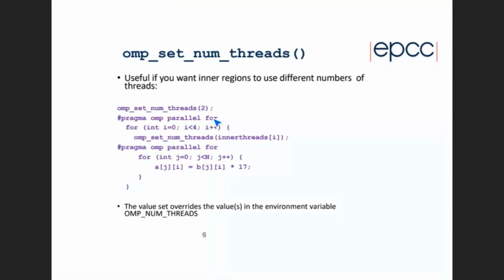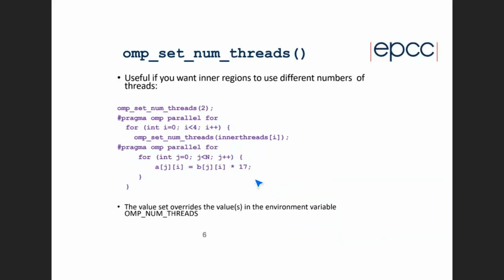So what happens in this case is that I get 2 threads executing the I loop in parallel. So each thread will itself execute 2 I iterations. And then for every iteration of I, I will get a new team of threads created with this value of threads, which can be different for every value of I in principle. So it's a slightly weird contrived example, but you do have that.